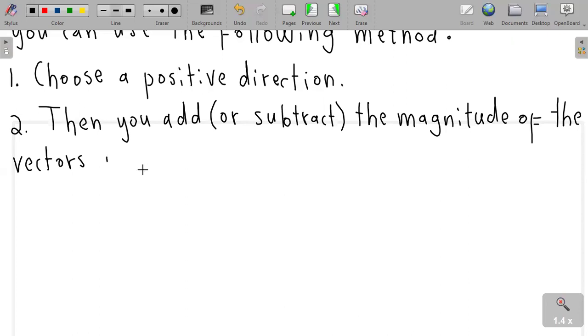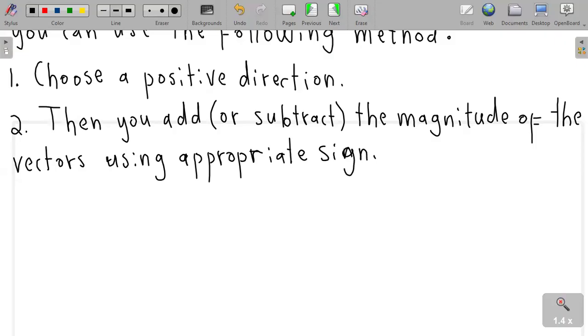Okay, so the signs, if the sign is negative or positive.